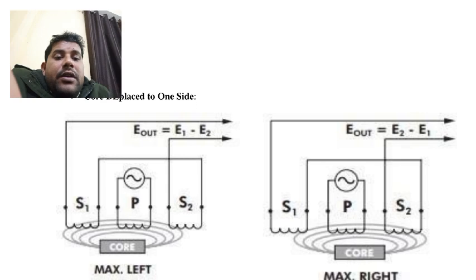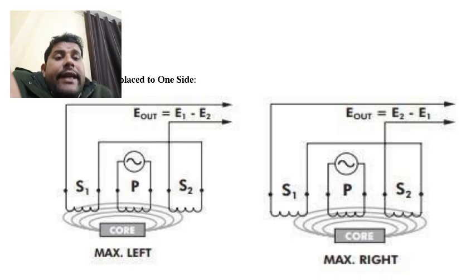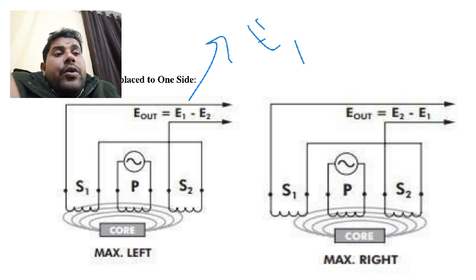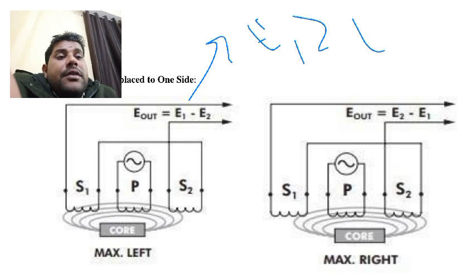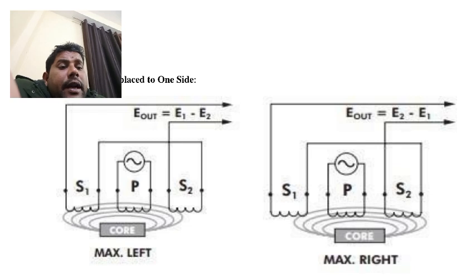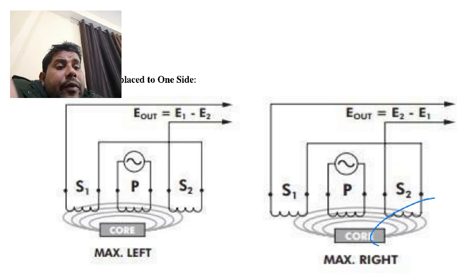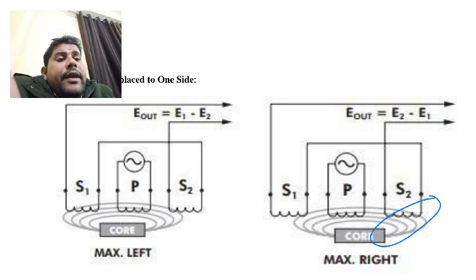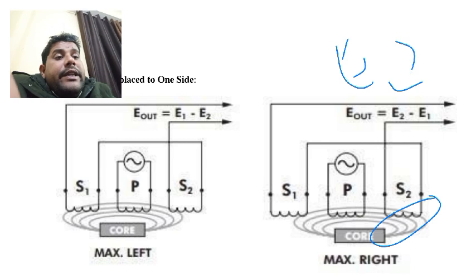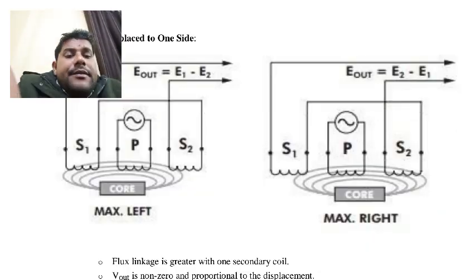Next is the core displaced to one side. When the core is displaced towards the primary side, maximum to the left, more flux links with the primary coil, so E1 is greater than E2 and we get an output. In the maximum right side condition, more flux is linked with the secondary coil, so E2 is greater than E1, and the output is E2 minus E1.